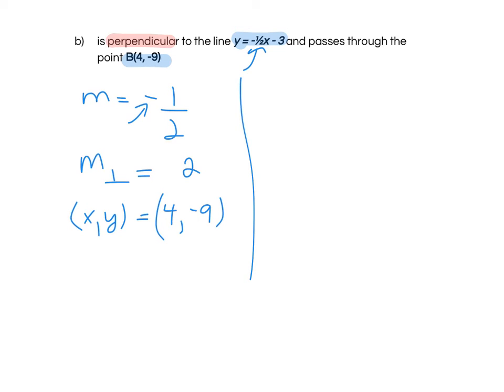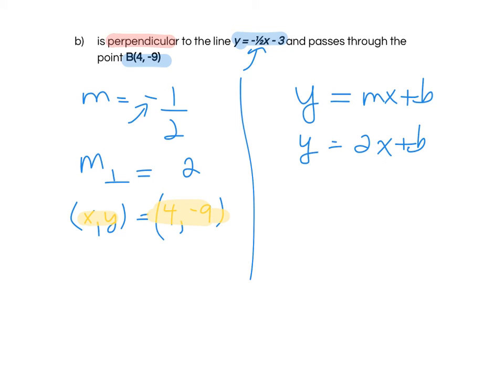So I'm going to go ahead and say, okay, well, I know y equals mx plus b. And I know my new slope. My new slope is just 2, so 2x plus b. And now I'm going to sub in this point into my equation. So I'm going to put -9 for y and 4 for x.